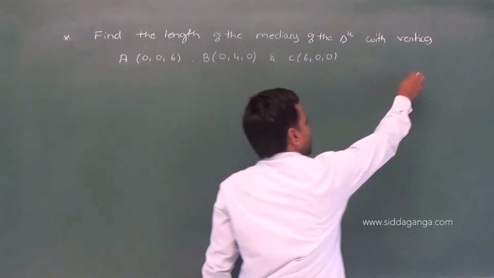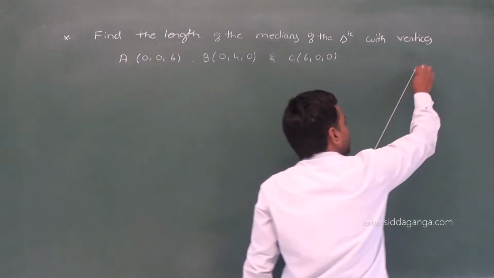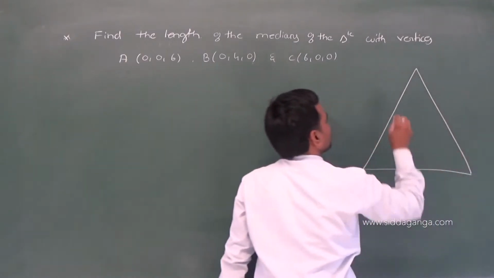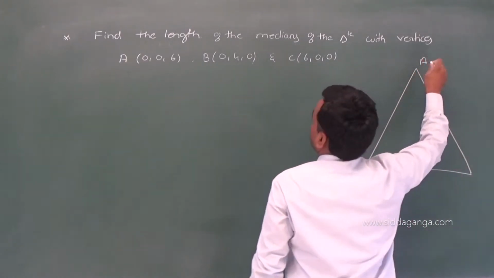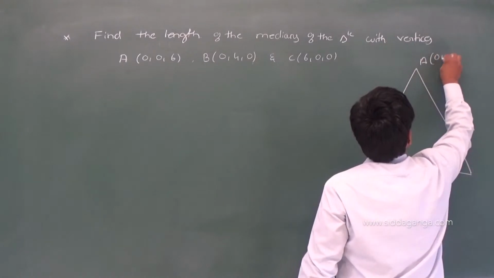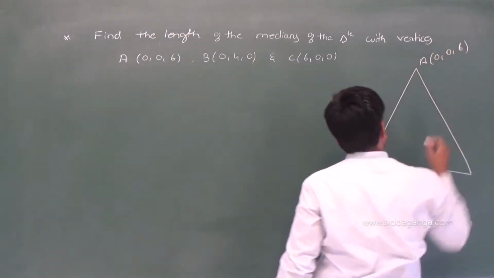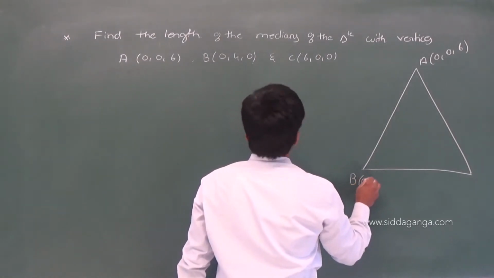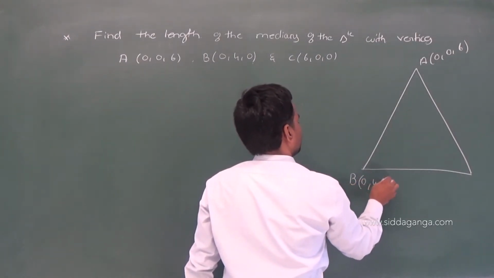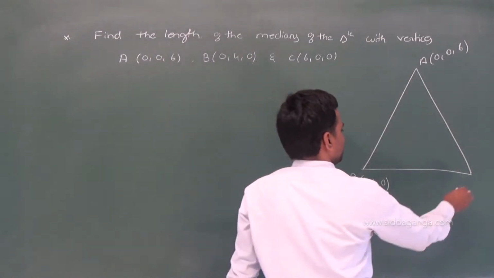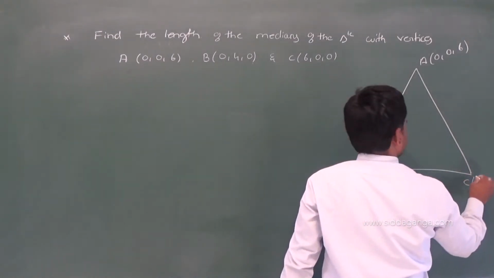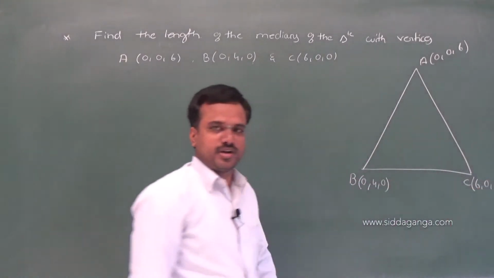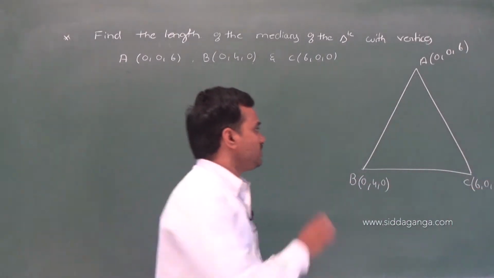So we draw the triangle here. Given vertices A (0, 0, 6), B (0, 4, 0), C (6, 0, 0). What we do here? We have to find the length of the median.